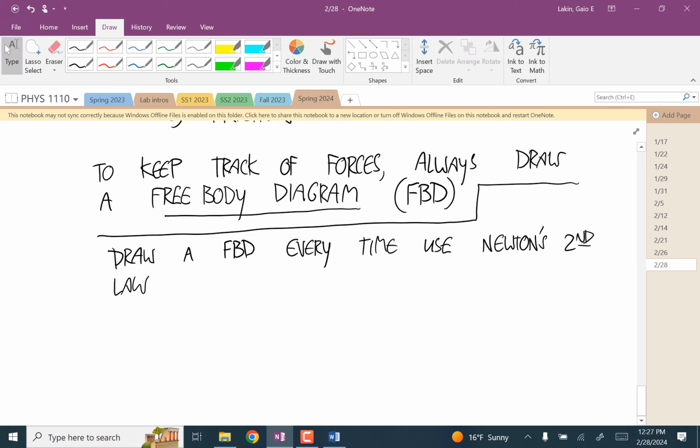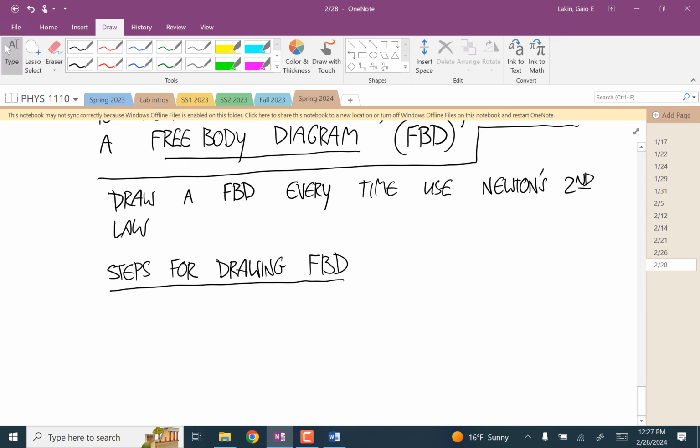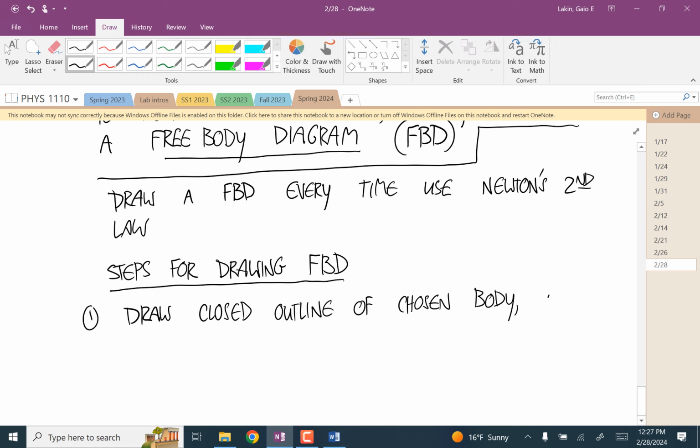And here are the steps for drawing a free body diagram. First, draw a closed outline of the chosen body, with no external objects and no internal details.